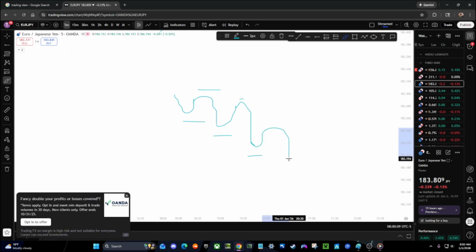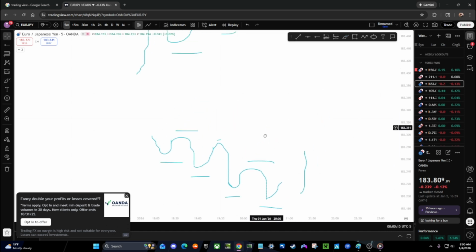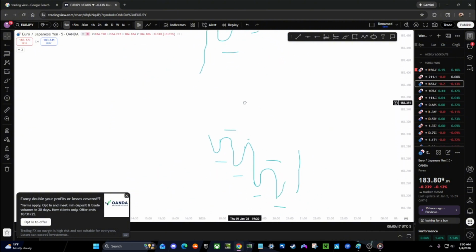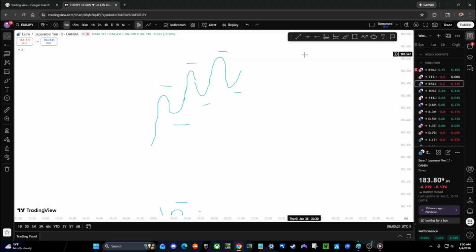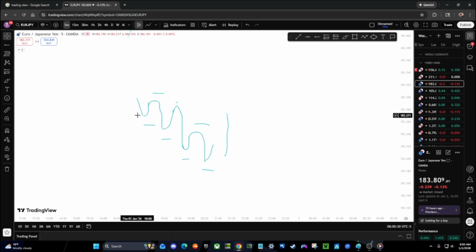Lower high, lower low. Essentially, that's all it is. So as soon as you understand that when you're looking at trends, you're looking at things that create higher highs and higher lows, which means the trend is making its way up, or lower lows and lower highs, and the trend is on its way down.